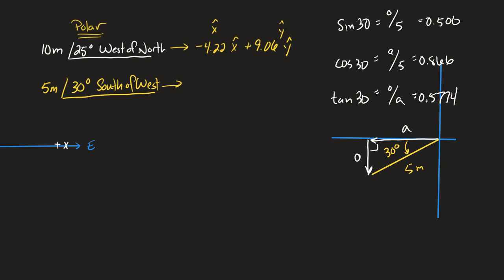You could use your two ratios to figure out the opposite side and the adjacent side. I know I'm going fast. I'll give you a moment to catch up because some of you are struggling a little bit.